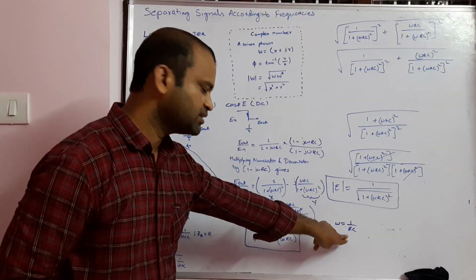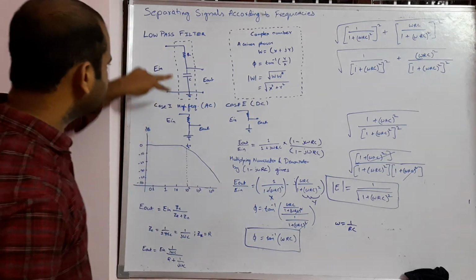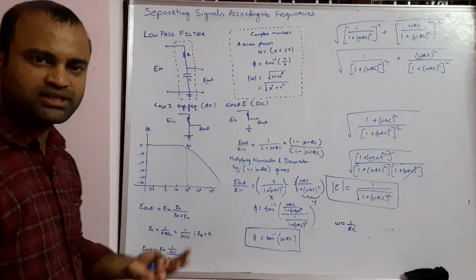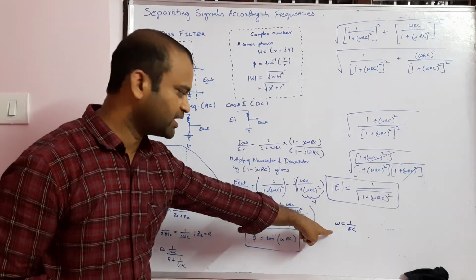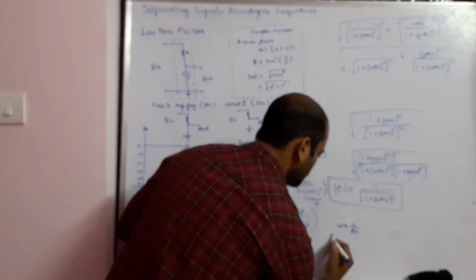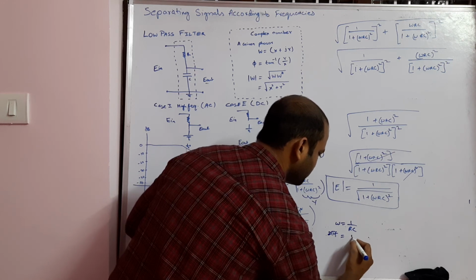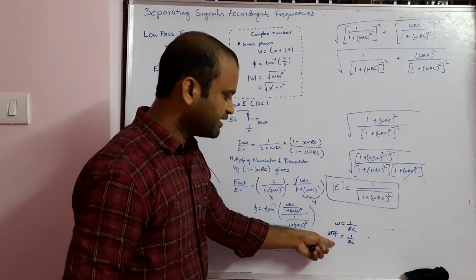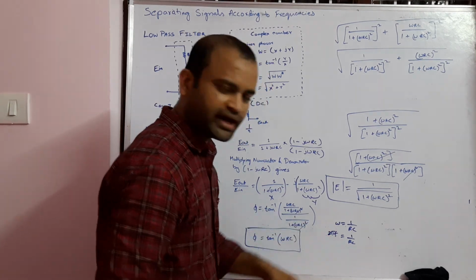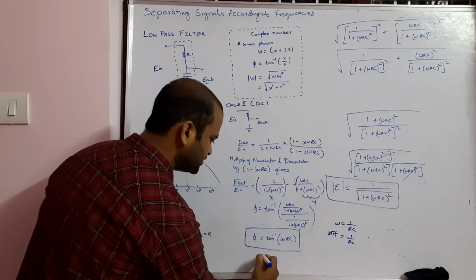If omega is equal to 1 by RC, because these are the resistor and capacitor values and we choose them such that the angular frequency, omega equals 2 pi f, is equal to 1 by RC, then we substitute this 1 by RC here in this equation.